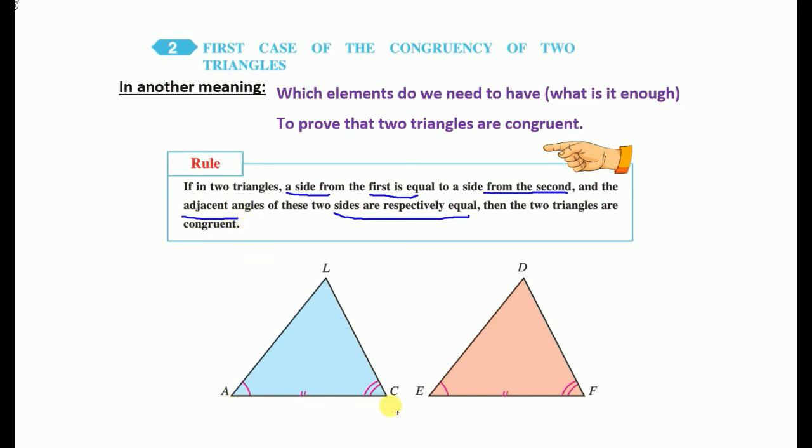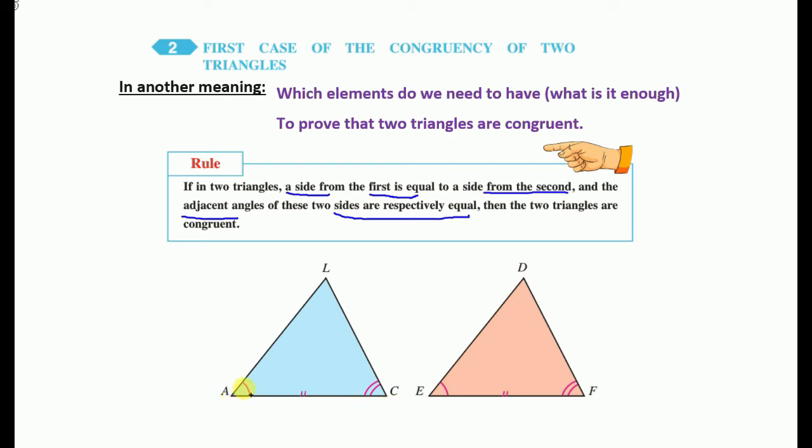Let's choose side AC. We know that a side is in fact a segment, and any segment has two extremities. The extremities of the side AC are point A and point C. To know which angles are adjacent to the side AC, we look at the angles of vertex, the extremities of the side AC.